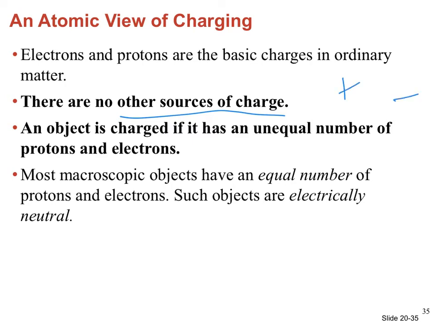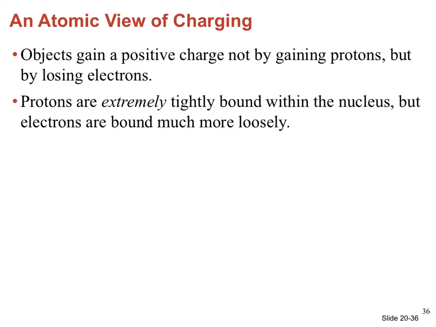If it's negatively charged, there are more electrons than protons. So if it has an unequal number of protons and electrons, then it is charged. Most large-scale, or macroscopic, objects have an equal number of protons and electrons so that they are neutral. We call that being electrically neutral.